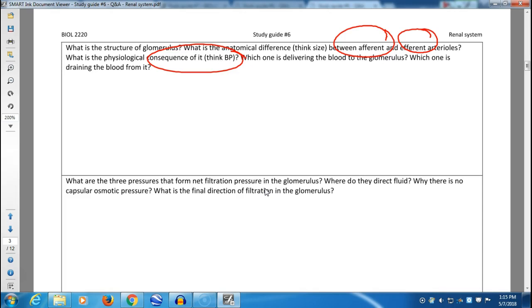And then you have osmotic pressure that pulls fluid back into the capillary. So capillary osmotic pressure. Why is there no osmotic pressure from the capsular side? Why is there no osmotic pressure incurred by filtrate? There's no protein in the filtrate, right? It is not filtered into there.